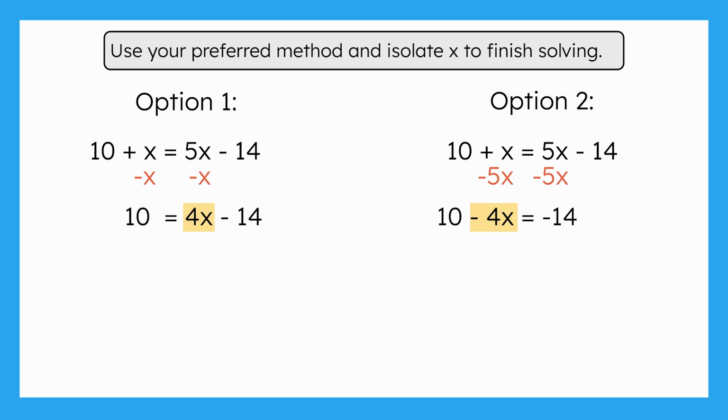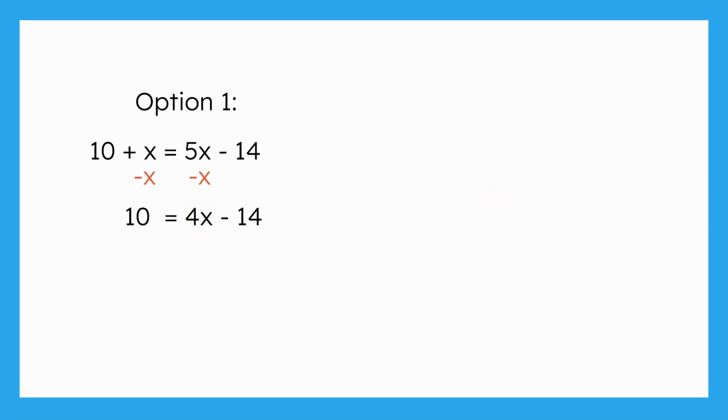If you subtracted x from both sides, and we're working with this equation, then you will have seen that x is being multiplied by 4 and then subtracted by 14. To isolate it, we would have added 14 to both sides and then divided both sides by 4 to get that 6 equals x.